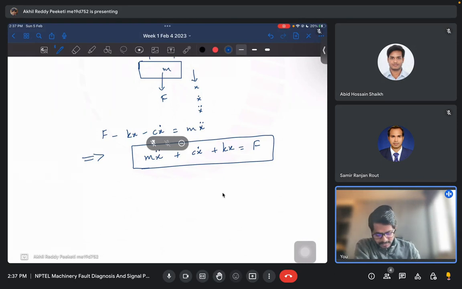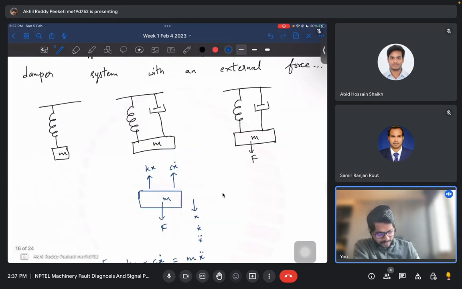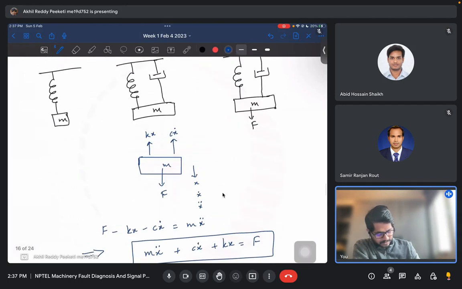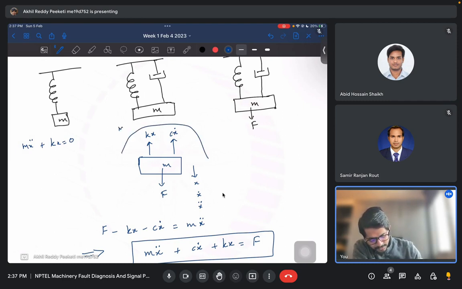So for a simple case, just a spring and mass, there is no damper and there is no external force. So it would be m x double dot plus k x is equal to 0. In a spring mass damper without any force, it would be m x double dot plus c x dot plus k x is equal to 0.